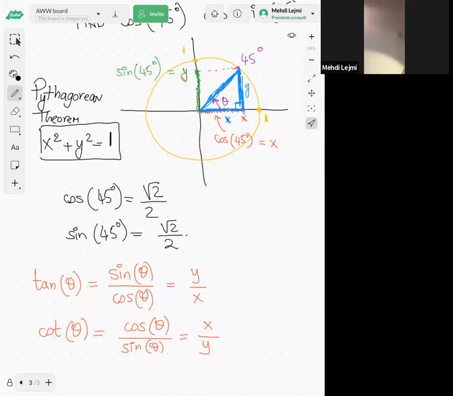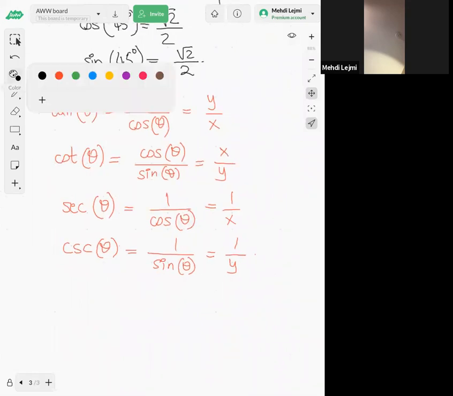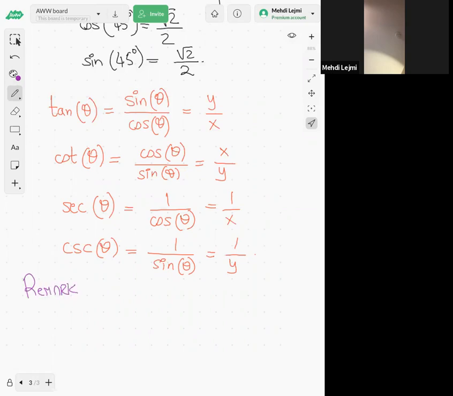Okay, so this is one of the most fundamental trig identities. Because of the Pythagorean theorem, we have cosine squared of theta plus sine squared of theta equals 1.